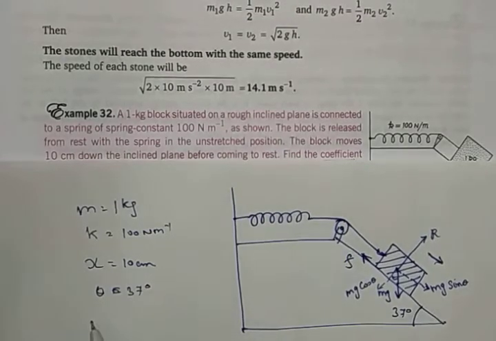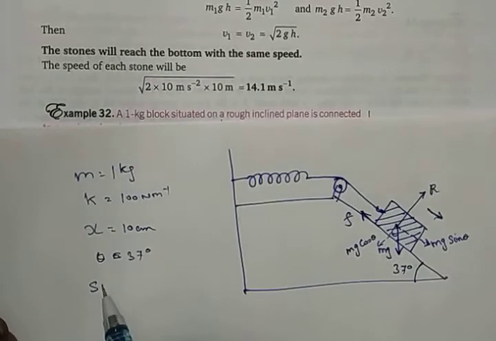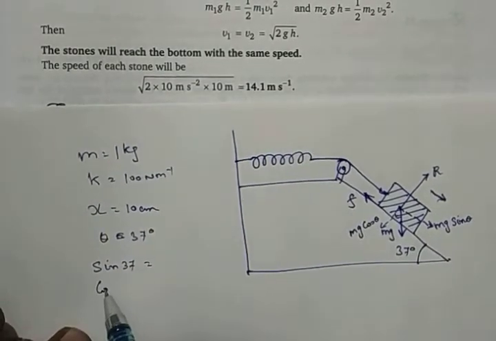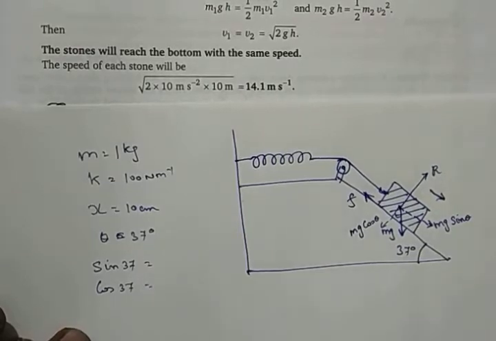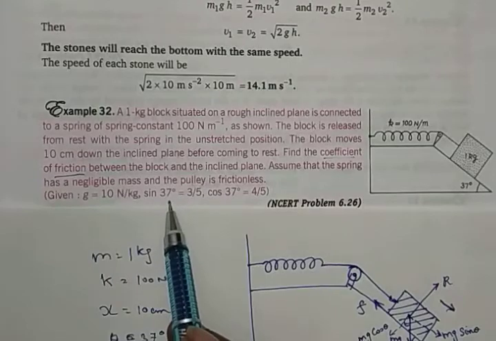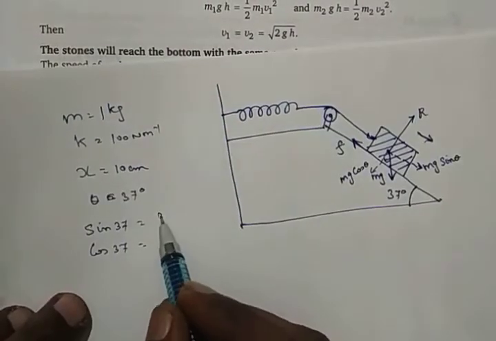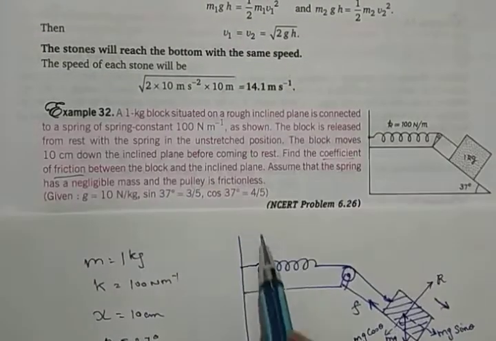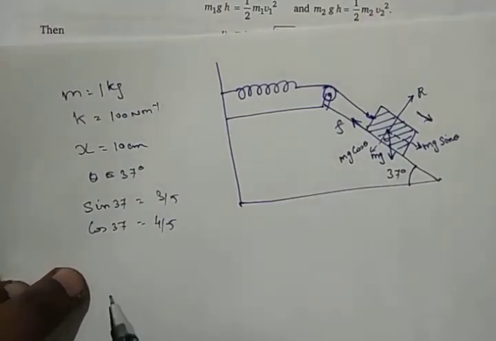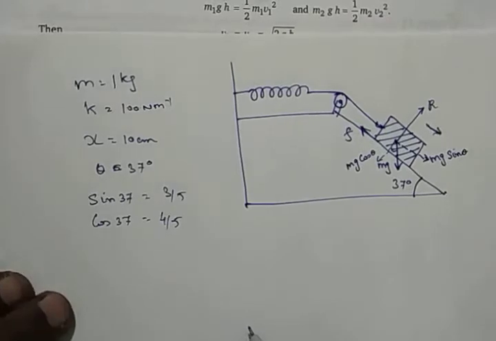So sin 37 and cos 37 are already given in the question itself. Sin 37 is equal to 3 by 5. Cos 37 is equal to 4 by 5. So these are all valuable parameters. I hope you would have written this down.